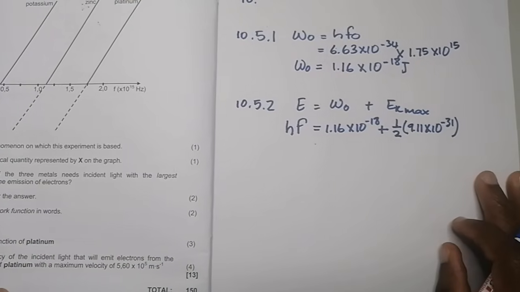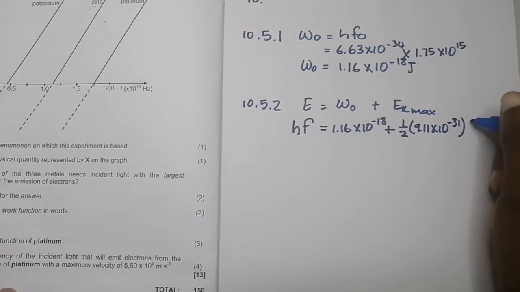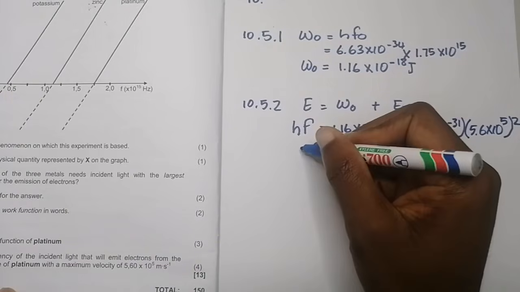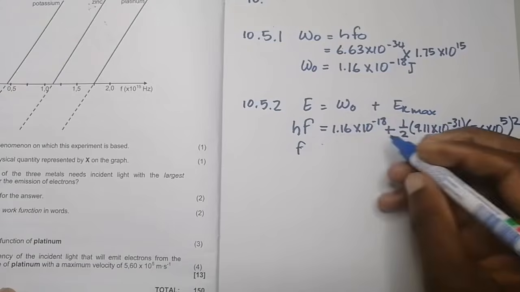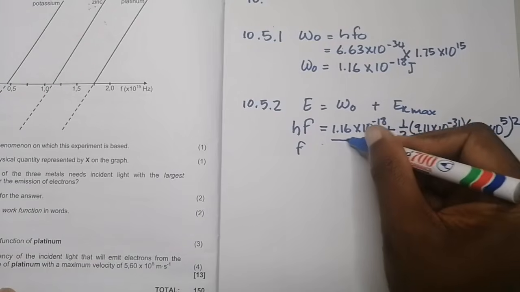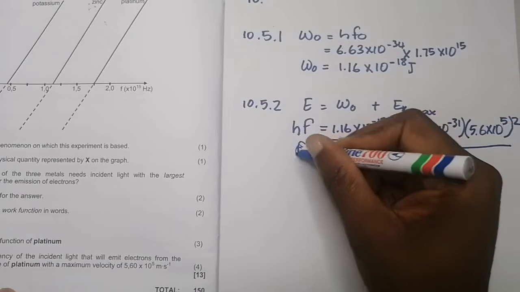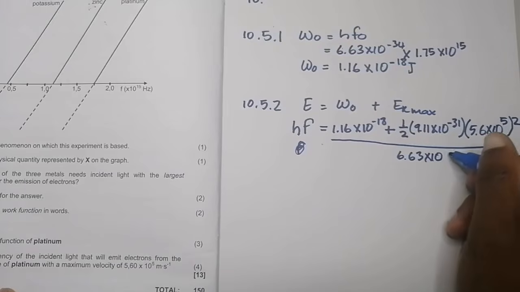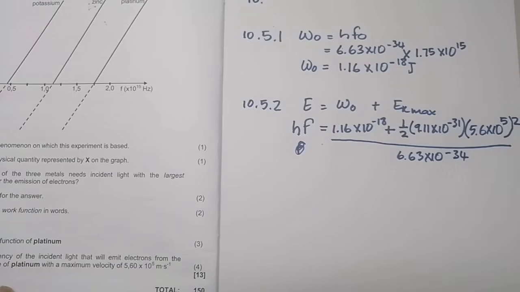The speed is 5.6 times 10 to the power 5, but remember to square that. To find the frequency, you need to divide by Planck's constant again. So I'm going to take everything here and divide by Planck's constant, 6.63 times 10 to the power minus 34.